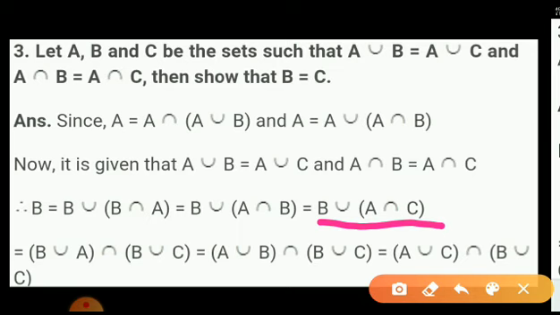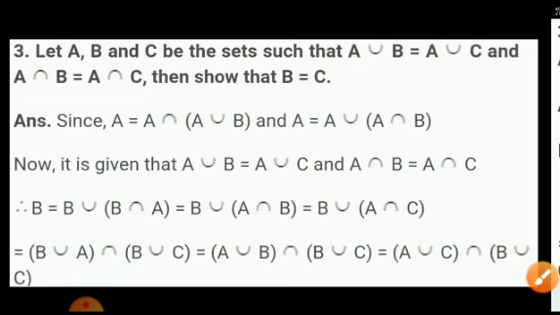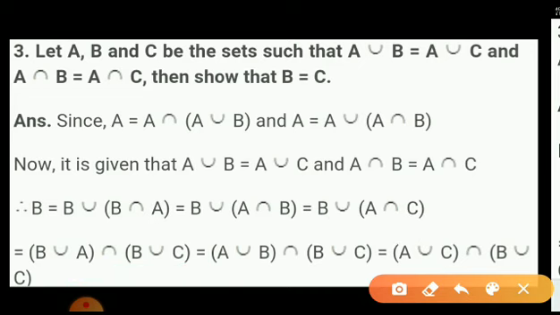Then just make use of your distributive property. So (B union A), in between it will be intersection, (B union C). Now, B union A is the same as A union B, commutative property. B union C as it is.